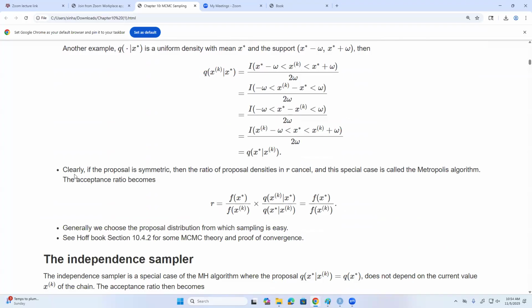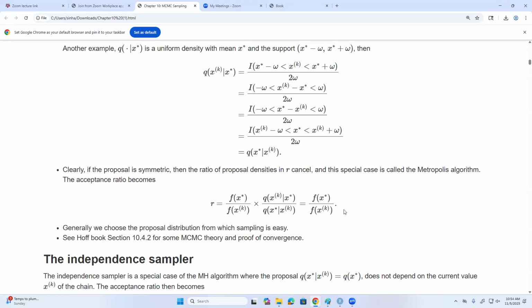So clearly, if the proposal is symmetric, then the ratio of the proposal densities in R cancels, and this special case is called the Metropolis algorithm. And the acceptance ratio becomes this. So originally, the Metropolis idea was to take a symmetric, normal proposal, and then calculate the acceptance ratio.